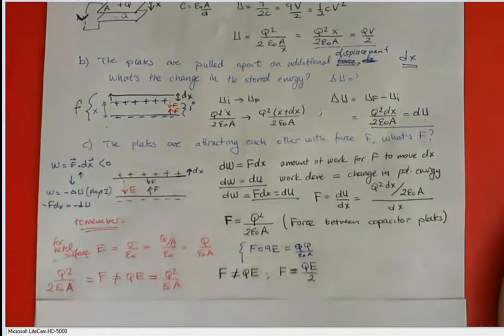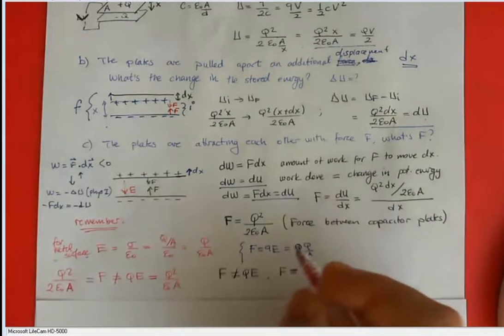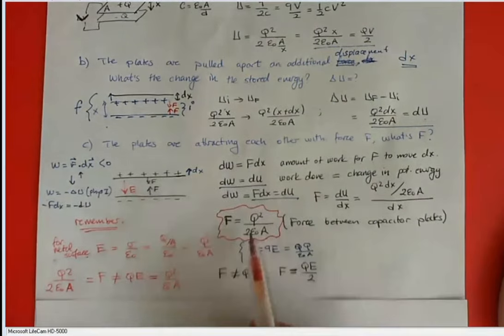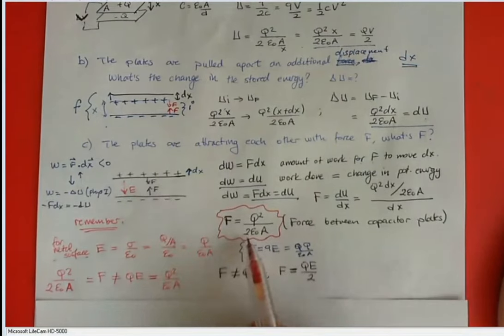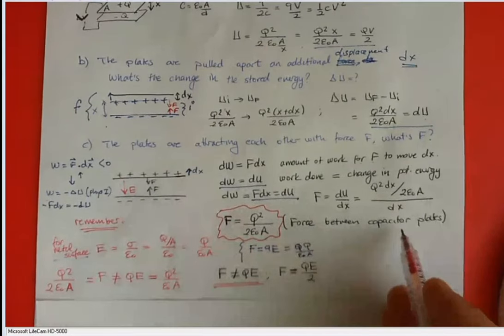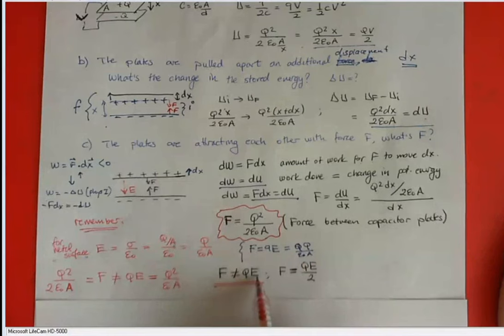But our answer is half of it, so there's an extra 2 here. The force between the capacitor plates is not just equal to the charge times electric field. It is just half of it.